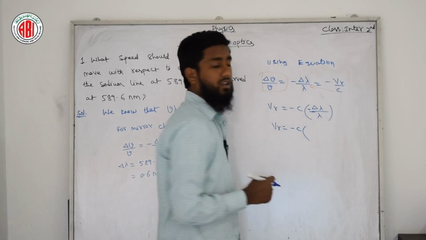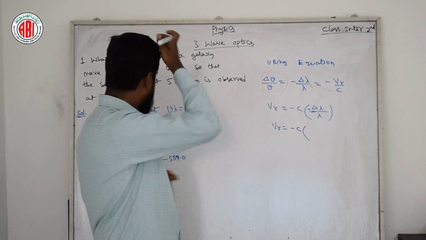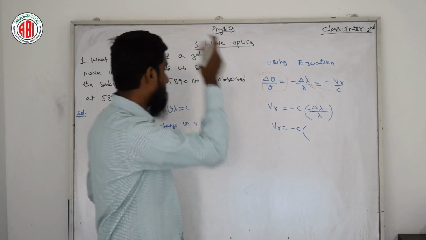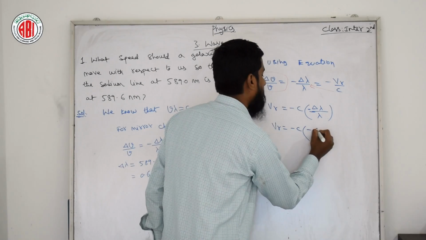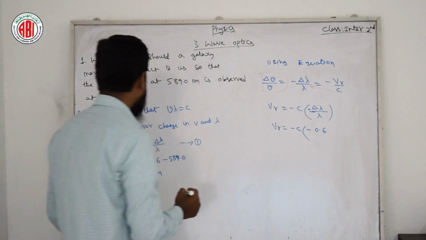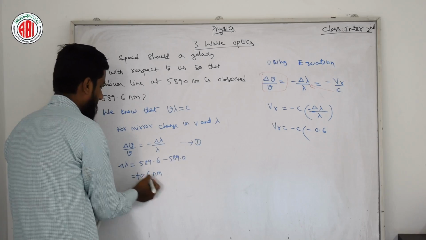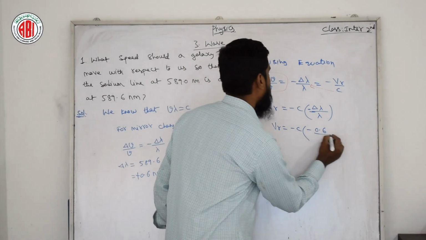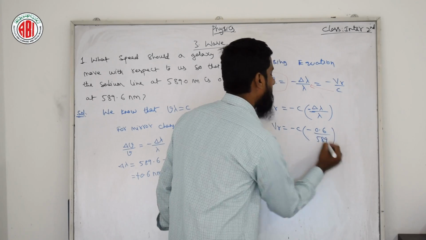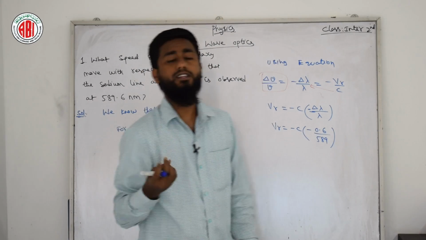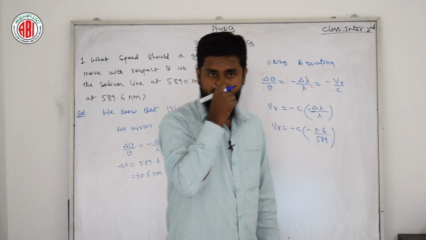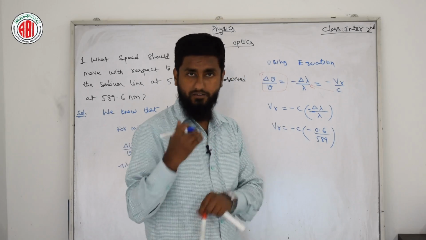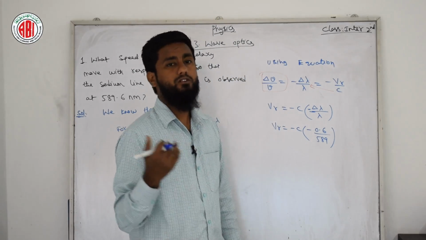Δλ, which we got as 0.6, by 589. Why minus? Initially this value has plus, and plus into minus becomes minus itself. Here we are taking the initial sodium wavelength, 589 nanometer.